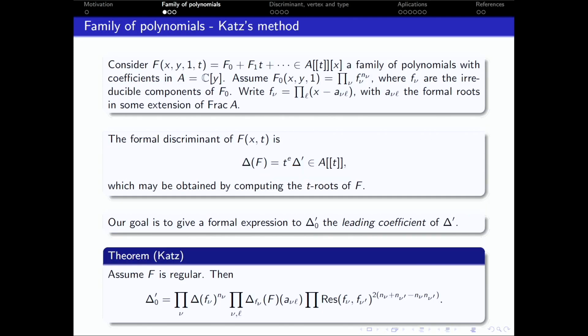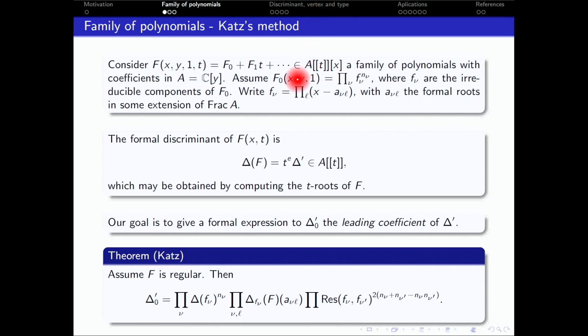So to answer both questions, we use the method introduced by Katz. First, we localize in the open set Z equals 1 and assume the following structure. The special fiber is this product of these irreducible components.